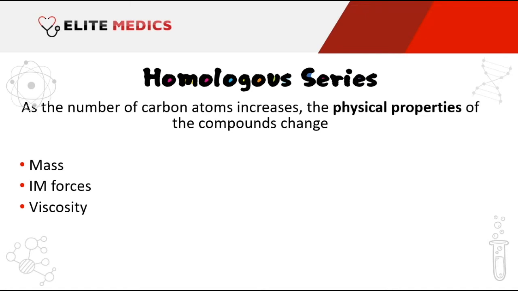As the number of carbon atoms increases, the mass increases. We've also got more bonds being present, and the intermolecular forces will therefore also increase. Same applies for viscosity. As the carbon atoms and hydrogen atoms increase, we're increasing the general mass and the structure of our compound, therefore the viscosity will also increase.